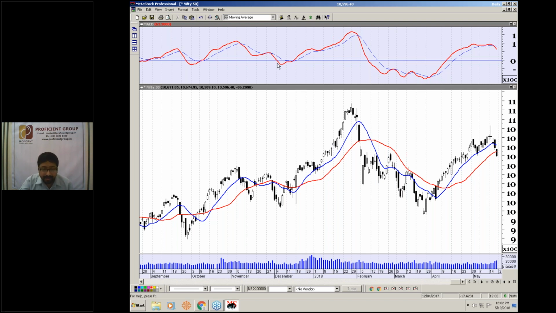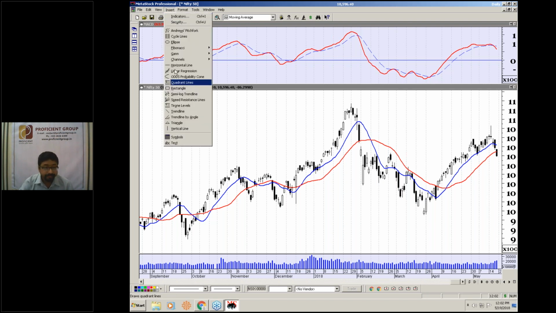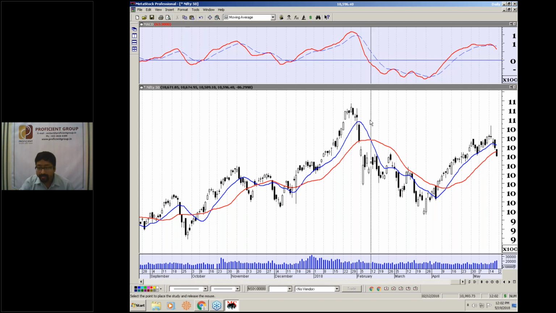If the MACD line actually crosses the zero line and comes below, right, as it did here, this means an inherent weakness, right? This can be taken as the onset of a bear market, that is, if MACD goes below the zero line.